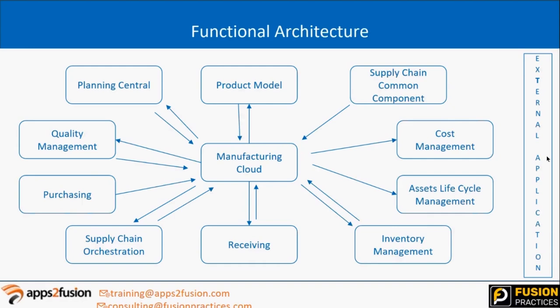I'm just getting the overview of how the technology works on the new Fusion side. Usually on the EBS side, we have APIs, packages, and everything. So here, everything is built as web services.